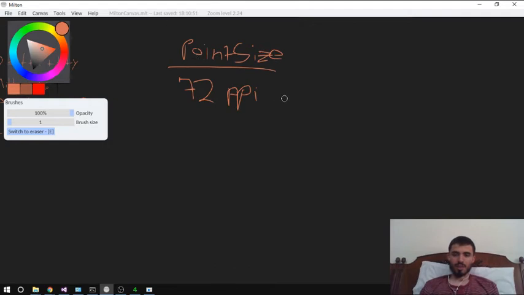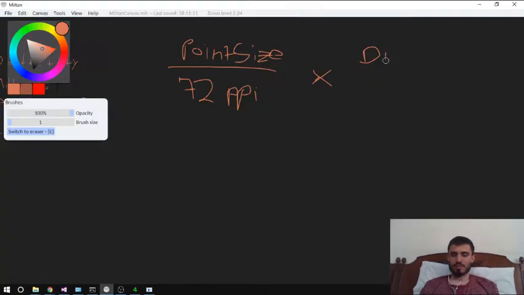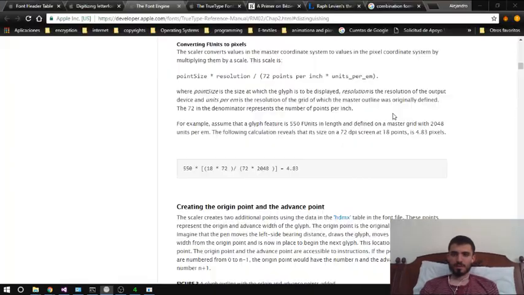So this is a ratio times the device resolution, and that has another ratio, which is the units per em.